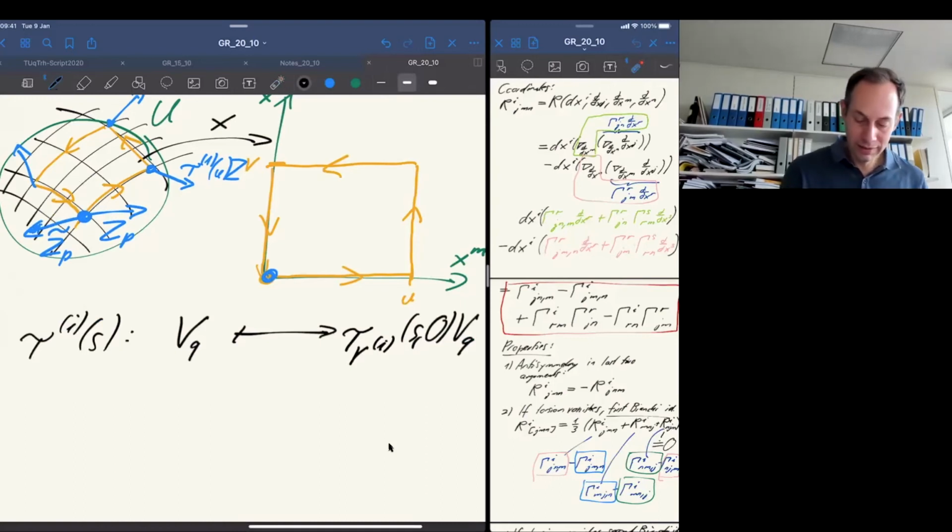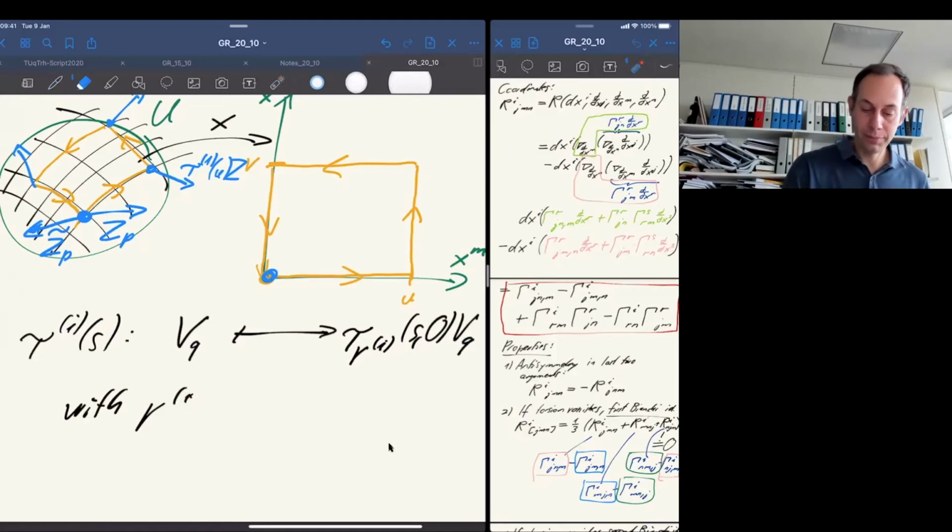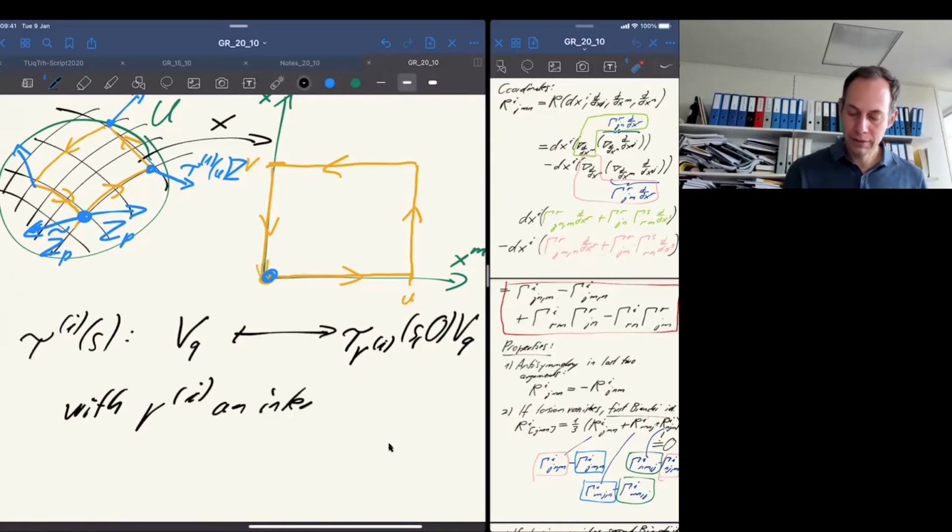So what I define here is with gamma i being an integral curve of the vector field that is coordinate induced. So the coordinate induced vector field is d to the dx^i through q.